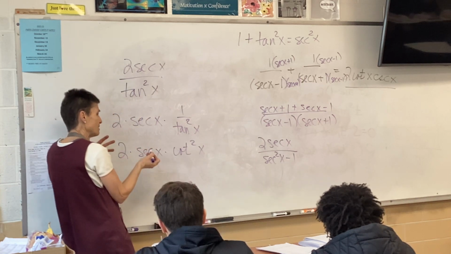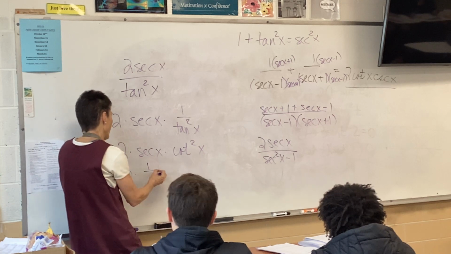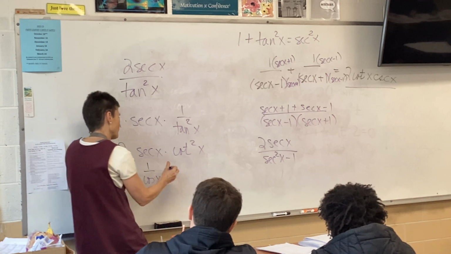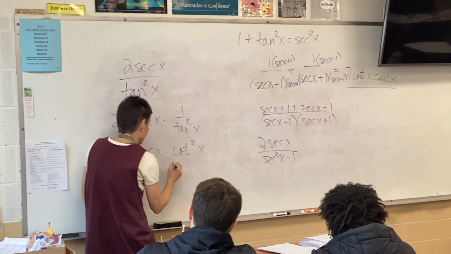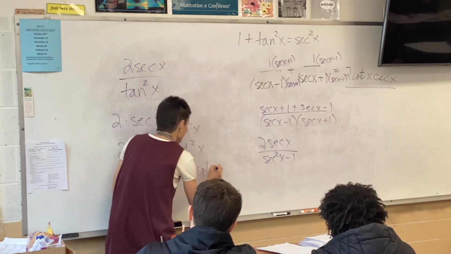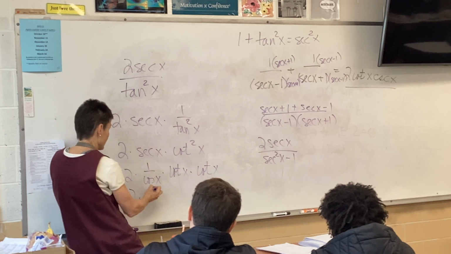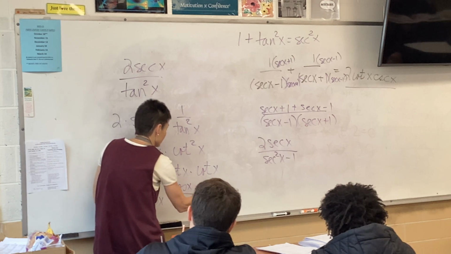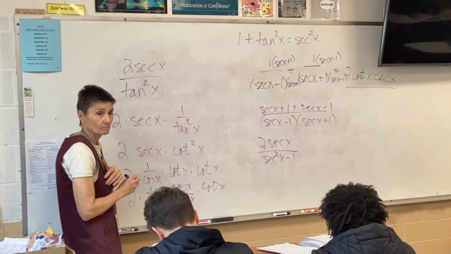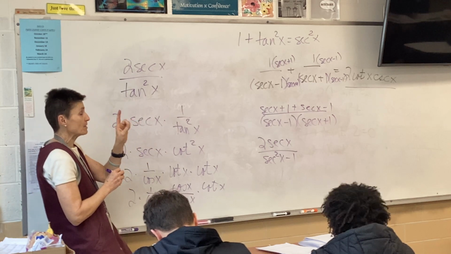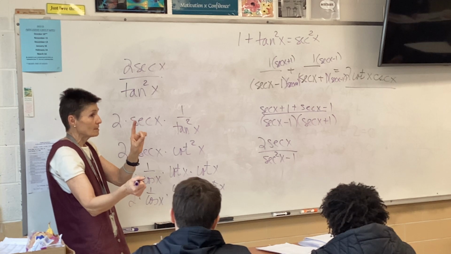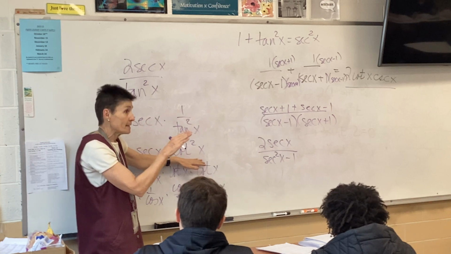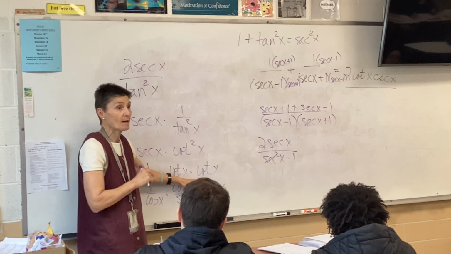Now, what's secant? 1 over cosine. What is cotangent squared? I could think of it as cotangent times cotangent, and then one cotangent could be cosine over sine. Certainly cotangent squared is cotangent times cotangent.